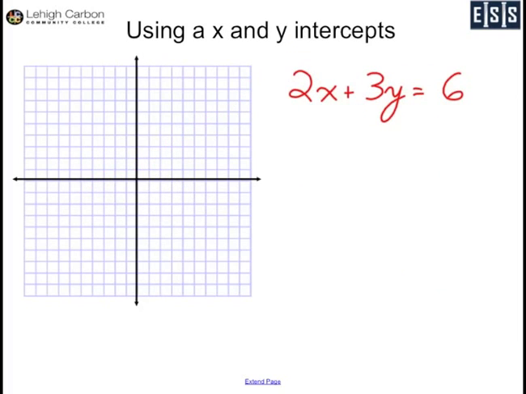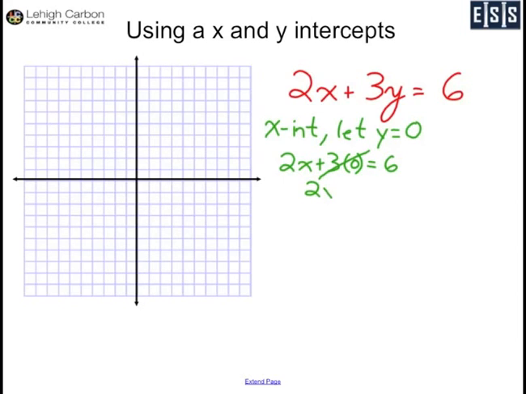So now we're going to graph by using the x and y intercepts. 2x plus 3y equals 6. To find my x-intercept, I let y be 0. So 2x plus 3 times 0 equals 6. 3 times 0 is 0, so that term goes away.